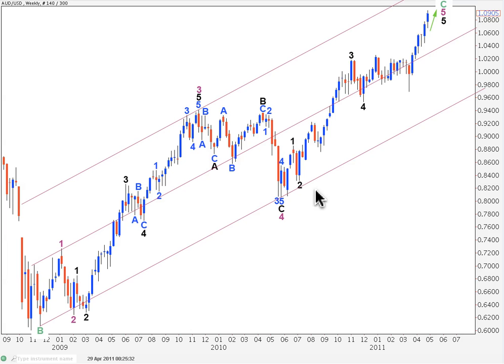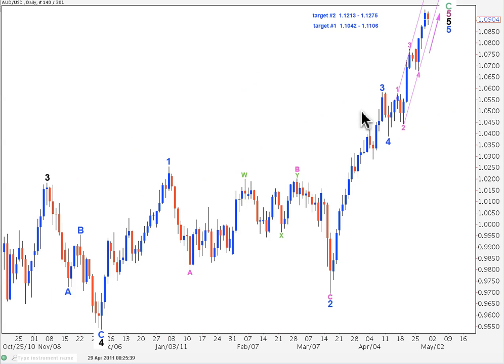Taking you now to the daily chart where the high for 3 black and the low for 4 black down here. Here's the high for 3 and here's the low for 4. Within wave 5 black we have a 1, flat for 2 and 3 and 4, and working on the 5th wave now according to this wave count.